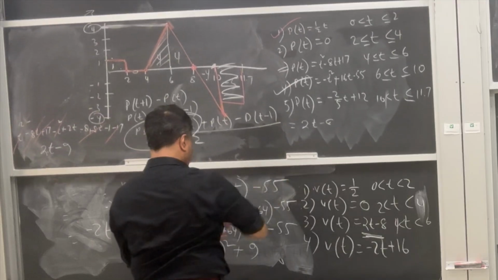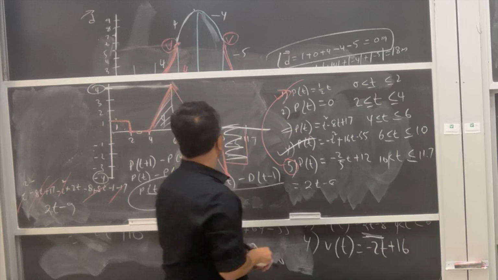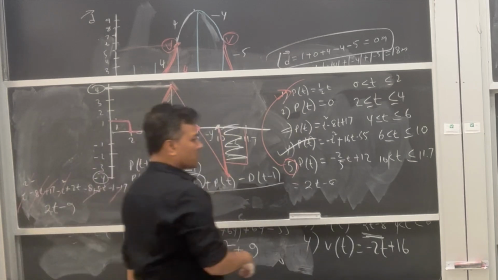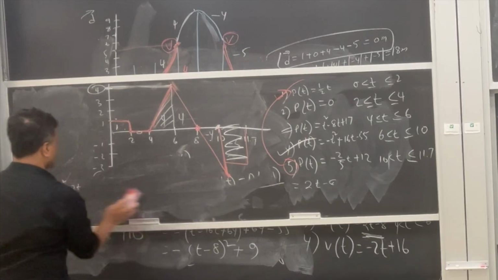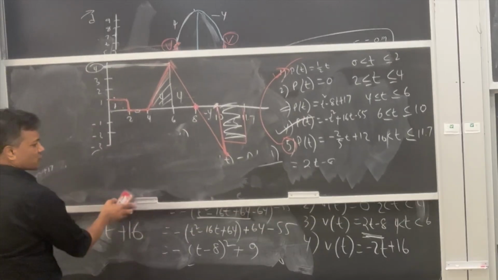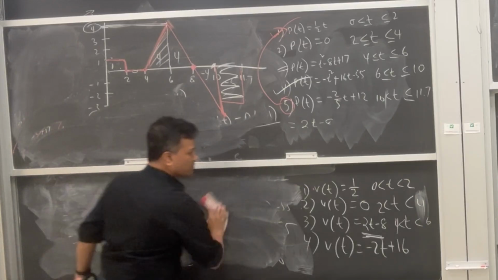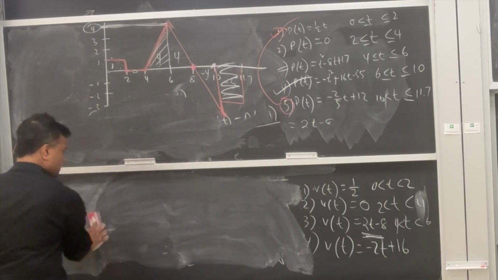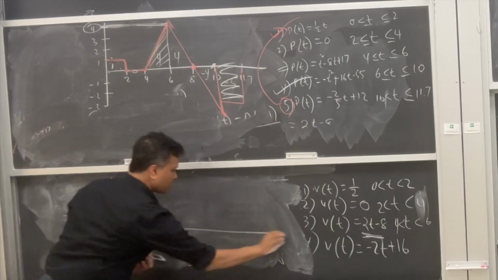This one is the repeat of that one. Now if you really want to convert it to an a-t graph, we can definitely do that, and it will probably not take a long time. So I have 2, 4, 6, 8, 10, and 11.7.